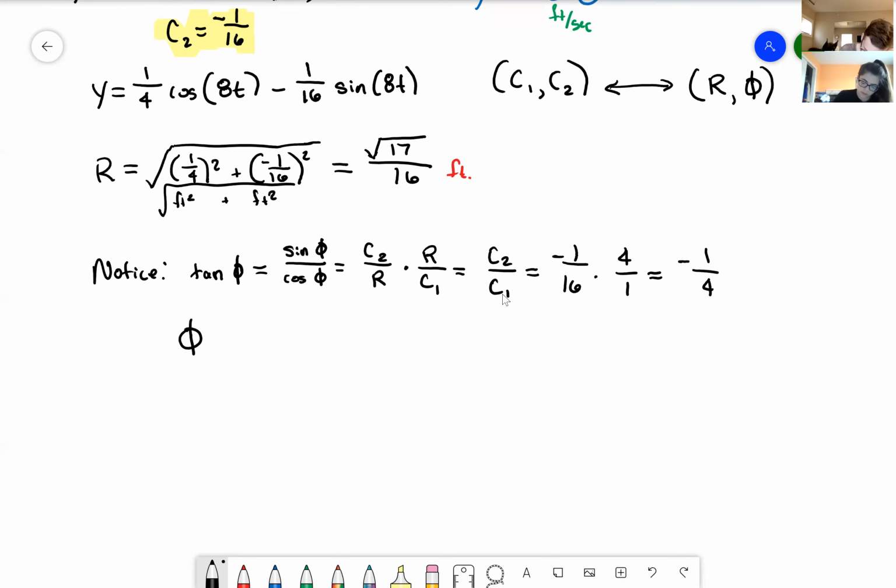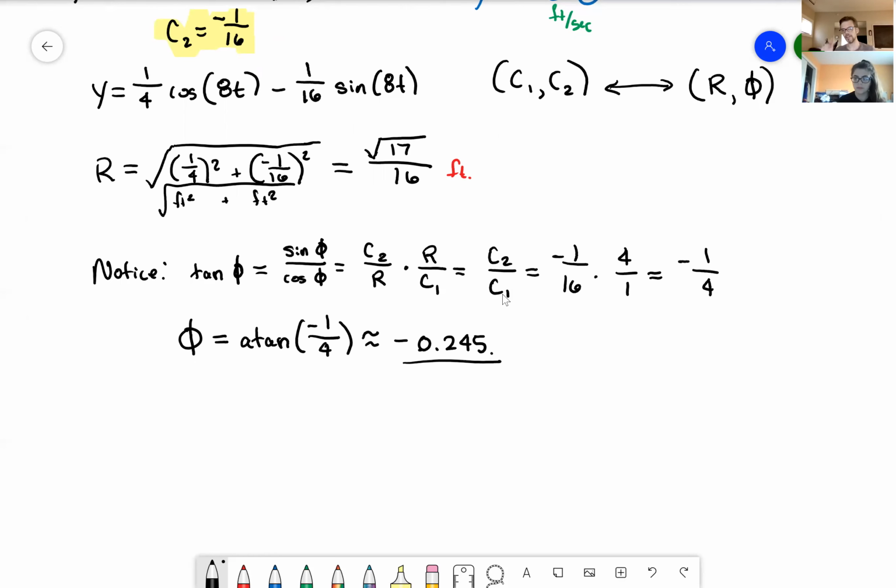And so to get phi, we'll just take the arctangent of both sides, negative 1/4. And what we get for the arctangent of negative 1/4, consulting my notes, is approximately negative 0.245, I think. Unless I made a mistake writing that, which I don't think. Anyway, that's good enough, so we'll just say it's equal. But this is the phase shift.